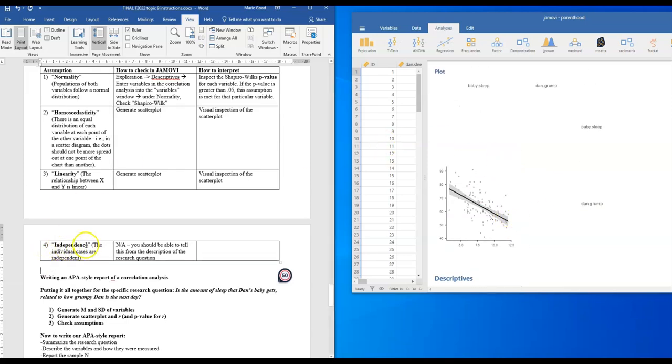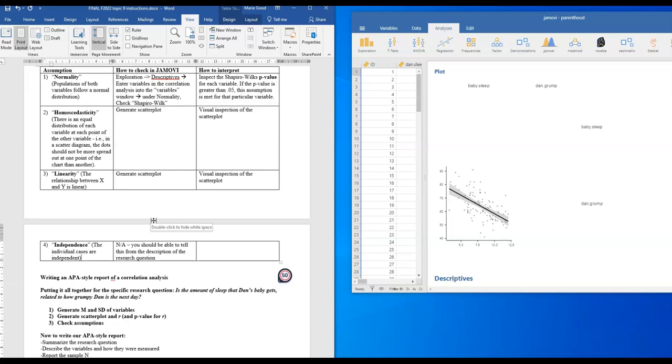Finally, the assumption of independence, which is that the individual cases are independent of each other. That means, in a sample of 100 people, you don't have siblings from the same family taking part. Say you've got 3 people of that 100 that are siblings, another 2 people that are also siblings, and another family, so the data includes 4 people who are also siblings.